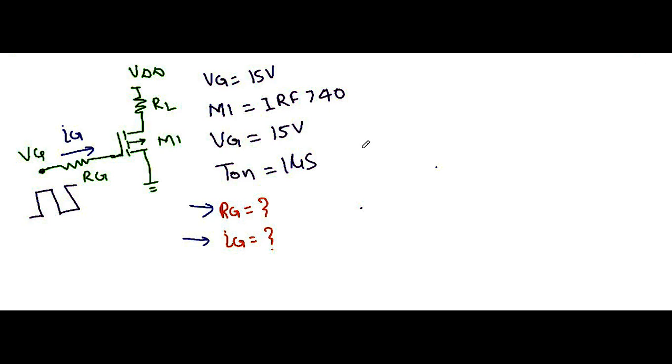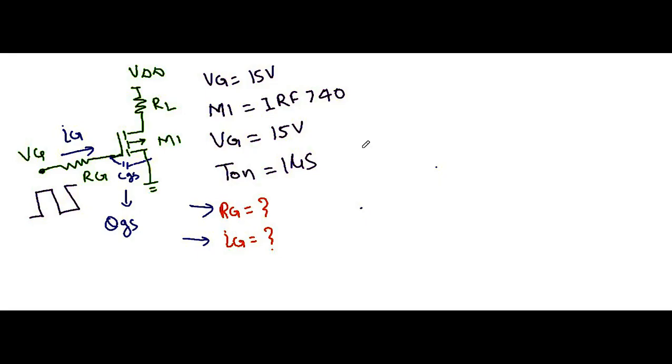Okay, we have seen that the MOSFET has an internal capacitance called CGS, and this capacitor stores some charge which is called QGS. Okay, this we know.